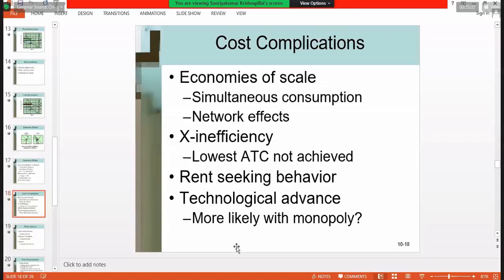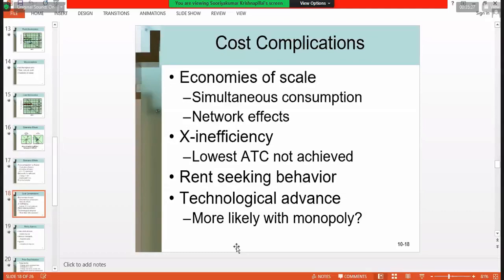Now some cost complications: economies of scale. Sometimes a monopoly occurs because of economies of scale. A natural monopoly occurs because of economies of scale.